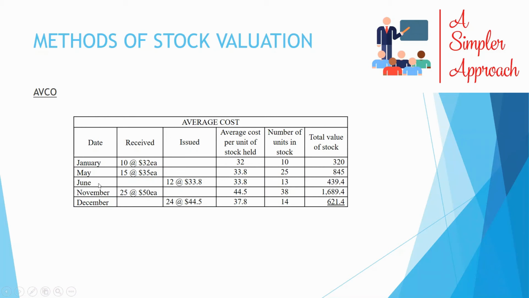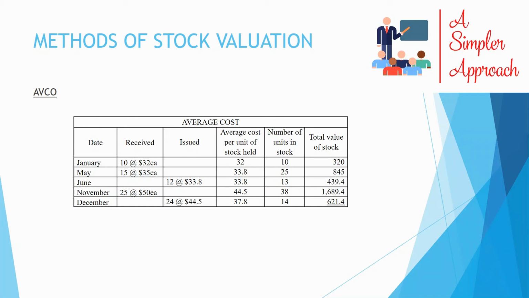Now we get to June. Now remember, the basis of average cost is for each purchase or sale of stock, the average cost for what we have is calculated, and it is calculated at every step. And when we say at every step, we mean at every interval. When you purchase, it is recalculated.